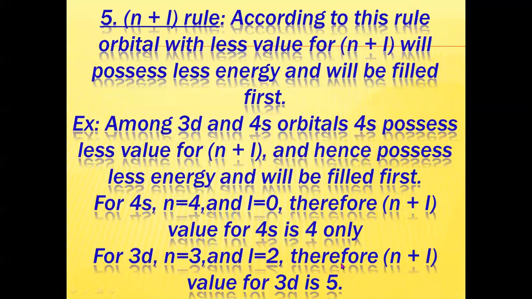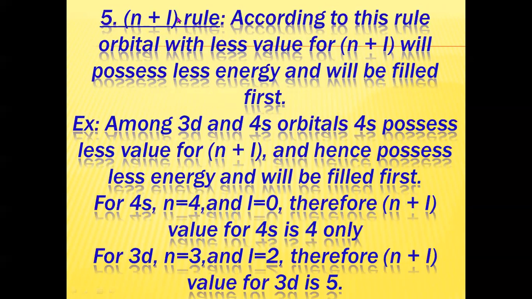Now the last rule which has to be kept in mind while we write the electronic configuration. We have to follow these rules to write the correct electronic configuration. If we do not follow these rules, there may be mistakes. This is the fifth in the series. This is called the n plus l rule, where n is the principal quantum number and l is the azimuthal quantum number.